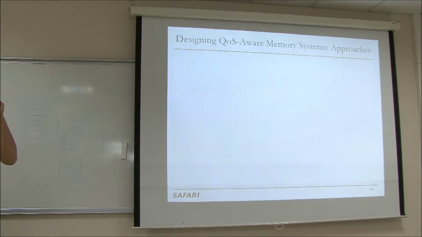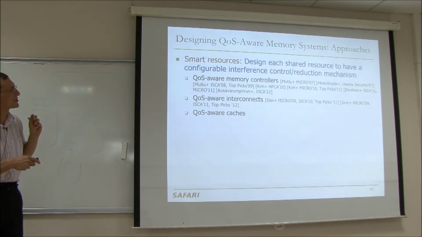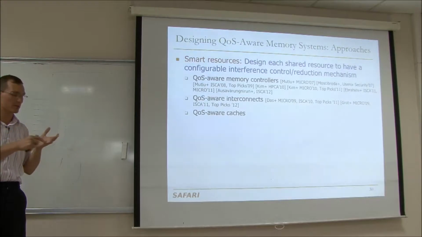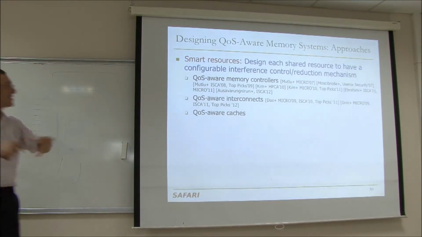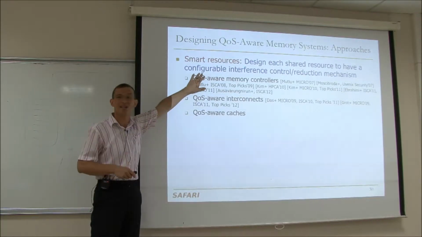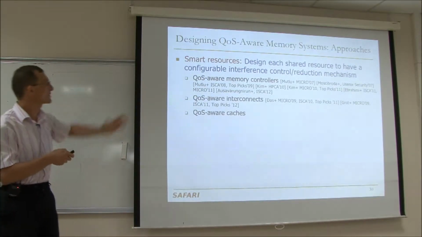So there are two major approaches that we've been looking at, and I think there are two fundamental approaches to this problem. One is smart resources, I call it. Basically, you can design each shared resource, memory controllers, interconnect, and caches, to be intelligent, to have this interference control and reduction mechanisms that can be made configurable. And that's one solution.